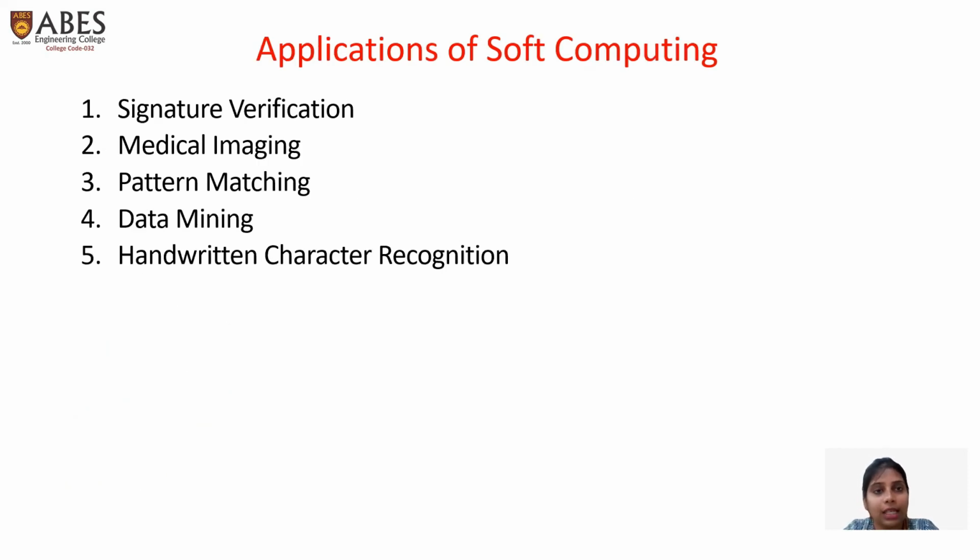At last, we will see the applications of soft computing, why we use soft computing in the real world. It can be explained with the help of these five problems. First is signature verification. In the banking sector, all banks have the feature of signature verification.